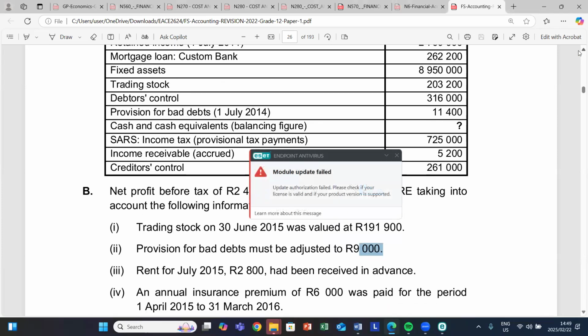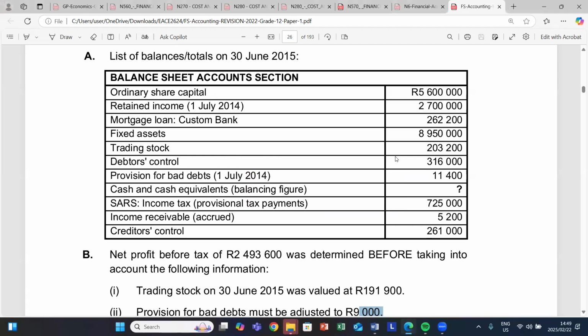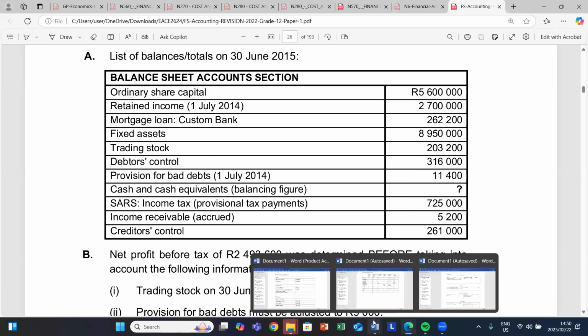Okay, let us check petty cash and your bank amount. With regards to our bank, you only write your bank if you have it on the debit side, right? Do you have bank? Cash and cash equivalents is the balancing figure.